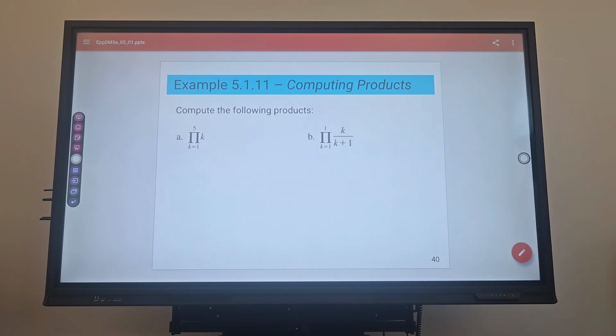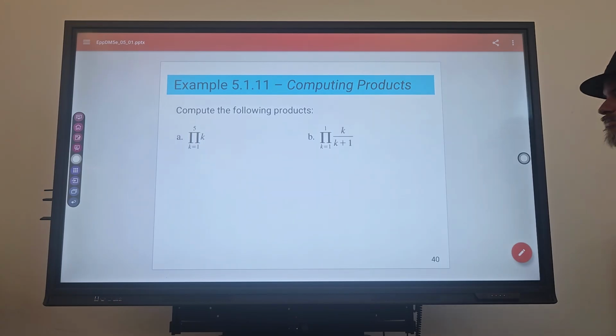So the products, let's see here, 1 through 5, the product of k from 1 to 5 of k would be 1 times 2 times 3 times 4 times 5, which is 120, yeah.